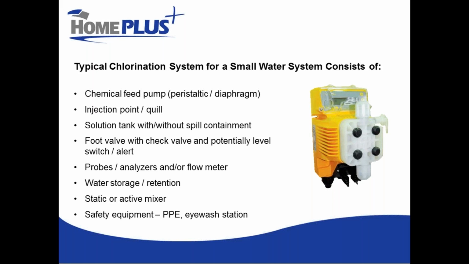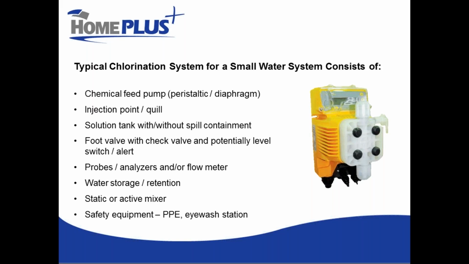You may also have a flow meter that controls or measures the flow rate of the water so it can control the injection rate of the chlorine proportional to that flow rate. So when your flow rate goes up, it injects more chlorine. Flow rate goes down, it injects less. And that can be done a few different ways, but it's typically a pulse flow meter.